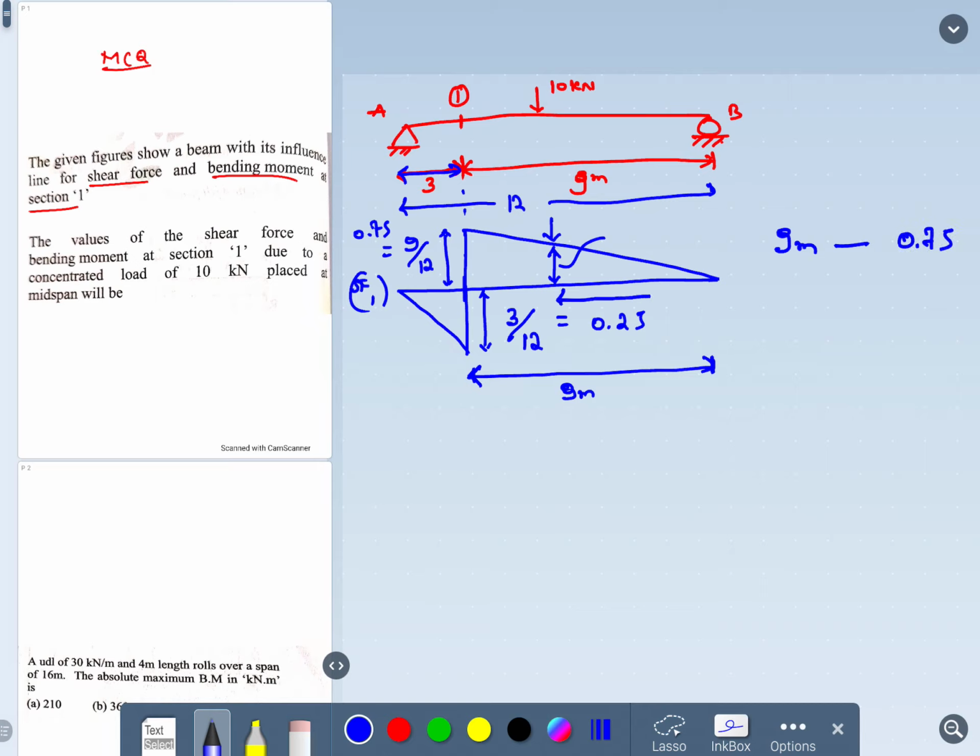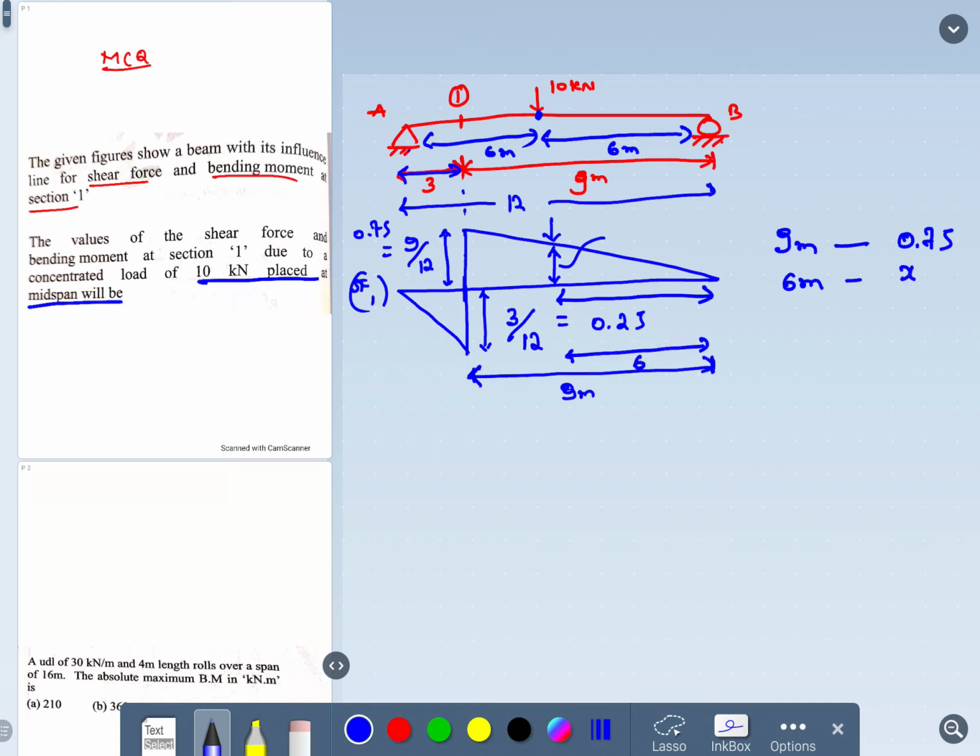Then what is this distance? They are telling us the load is exactly at the center. The 10 kilonewton is placed at the midspan. The total length is 12 meters, so it will become 6 meters, and the remaining here is 6 meters. Is it fine? So for 6 meters, what is the ordinate distance? That means from here to here the distance is 6.